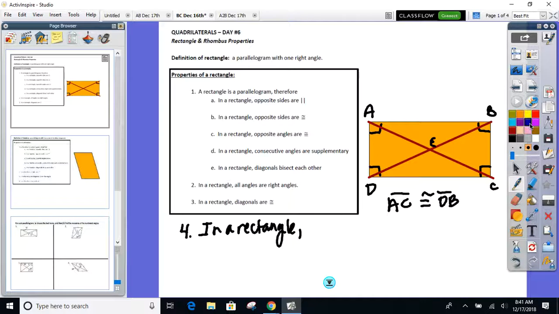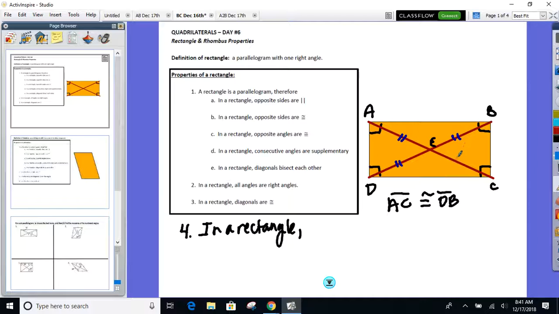They're all congruent, all 4. That's not the property, though. What did I just form there? 4 triangles that are isosceles. So in a rectangle, diagonals form 4 isosceles triangles.